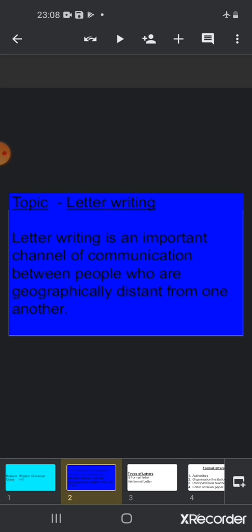Letter writing is exchange of information, sharing of ideas and thoughts. So, letter writing is an important channel of communication between people who are geographically distant from one another.